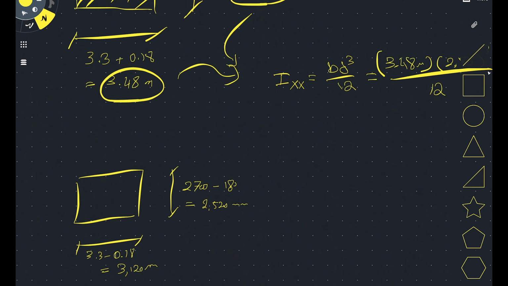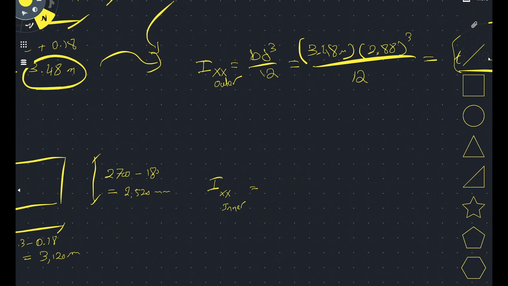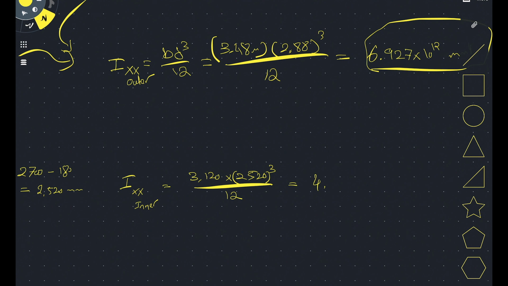Again, I can work out my I-XX. This was the outer I-XX and this was the inner I-XX, which is 3120 times 2520 to the power of 3 divided by 12, which gives me 4.16 times 10 to the 12 millimeter to the power of 4.